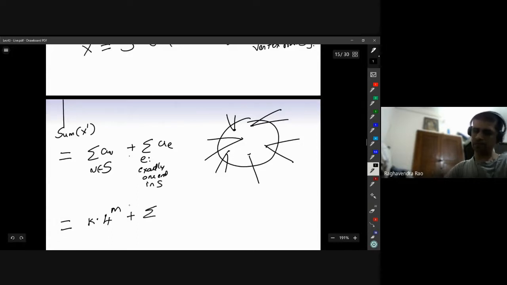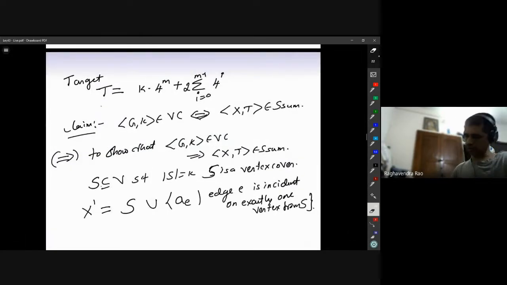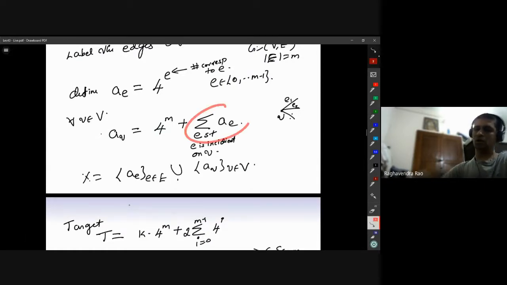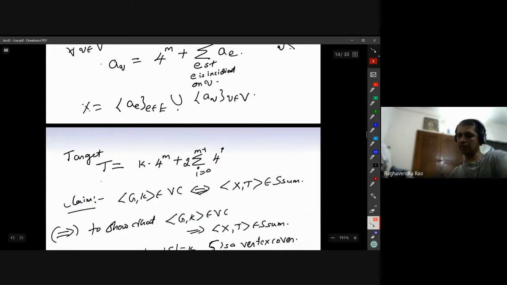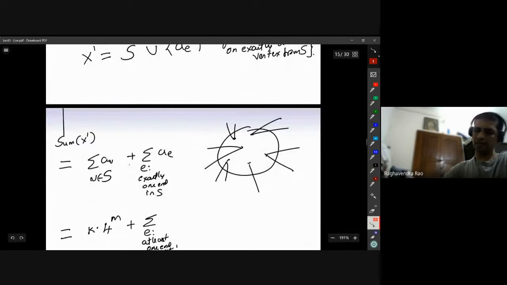summation over e with at least one endpoint. Okay. So now what is the remaining value here in a_v? You look at all edges incident on v and take the corresponding a_e. Okay. Now if you look at this set, what is covered here in a_v?